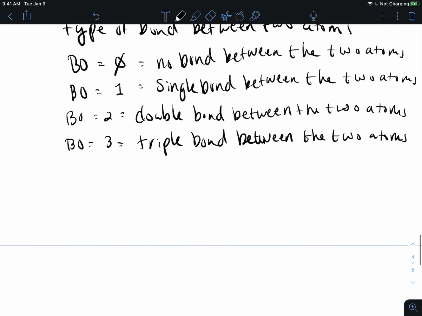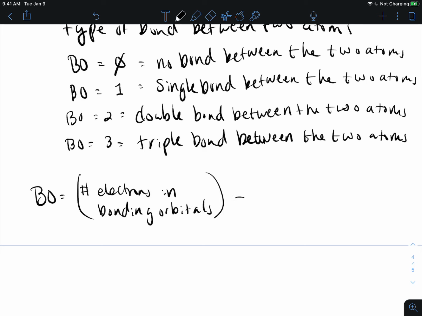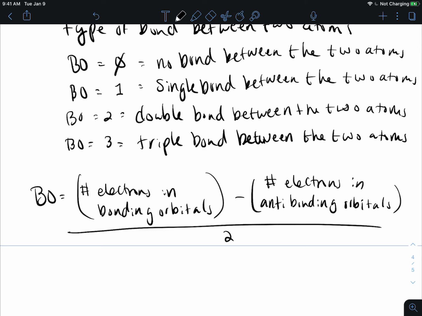We solve for our bond order by taking our number of electrons in our bonding orbital minus our number of electrons in our anti-bonding orbital. We take that whole thing and we divide it by 2.